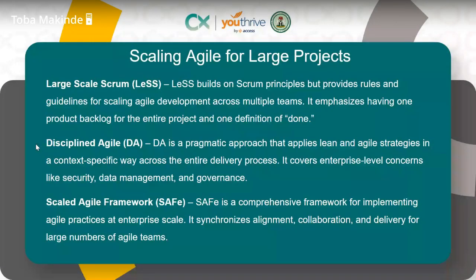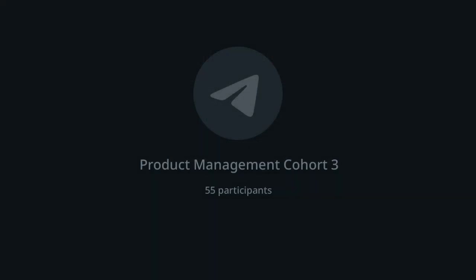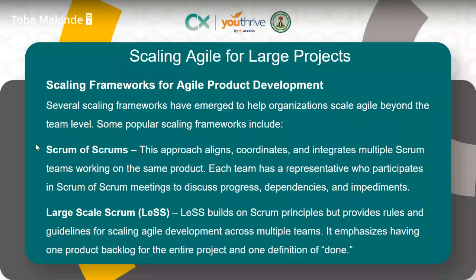We then have Large-Scale Scrum, which is LeSS. It builds on Scrum principles but provides rules and guidelines for scaling agile development across multiple teams. It emphasizes having one product backlog for the entire project and one definition of done.